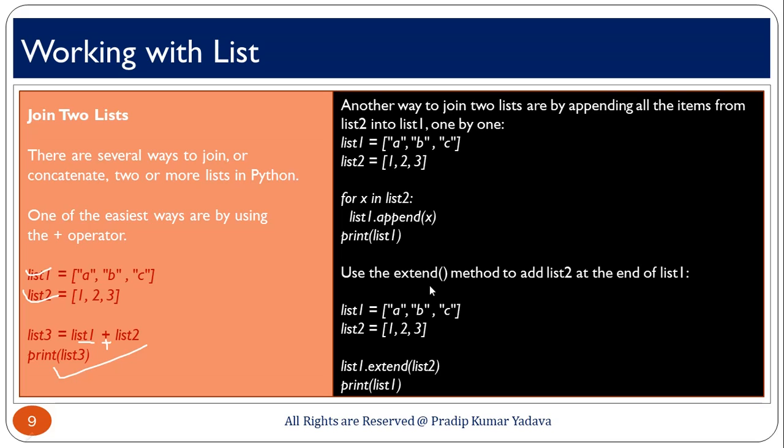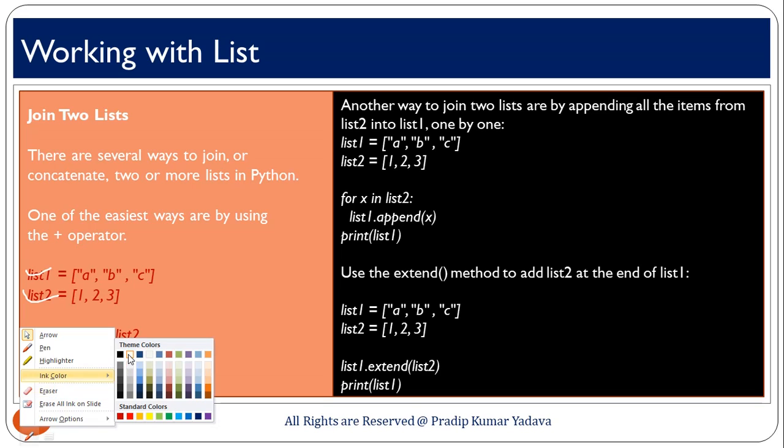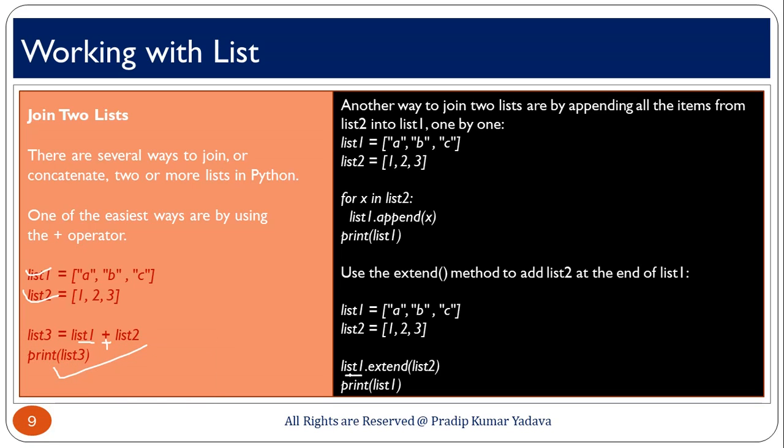In this case, all the items of the second list will be added to the first list, meaning after this, 1, 2 and 3 will be added if you use the extend method.